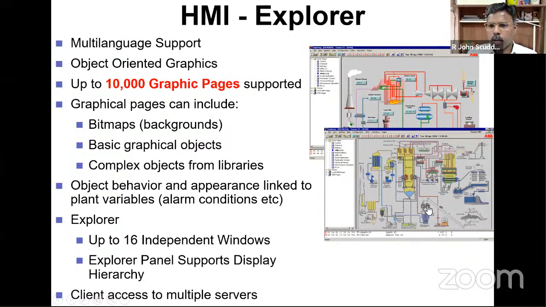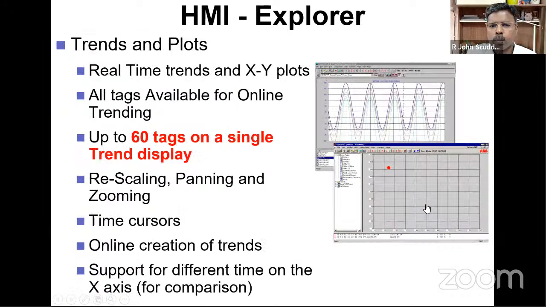I will show you some of Nalco's other graphic pages as we go ahead. Sitting at one single computer, he is able to navigate to so many pages, and the maximum capability of the HMI that we have is at least 10,000 graphic pages. So it is very, very massive, and it is very, very useful also.